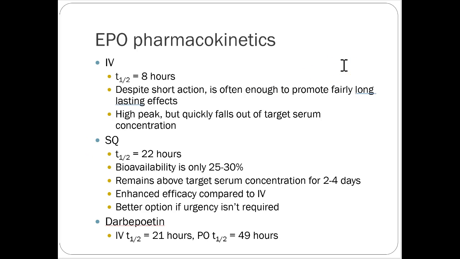There are a couple different things to think about when it comes to epoetin supplementation in kidney disease patients. The half-life is about 8 hours IV, but that short action is enough to provide long-lasting effects and stimulation. So we really don't care that it's short-acting. If you give it sub-Q, it lasts a little bit longer, but the bioavailability decreases substantially. So that's another reason why it might be nice to do IV if you have the availability.